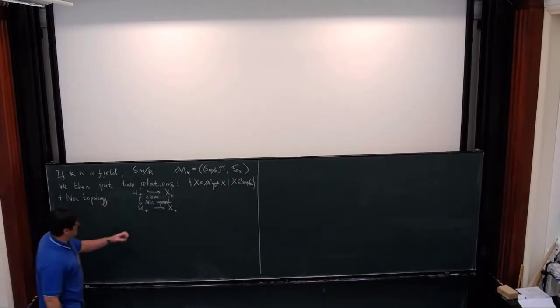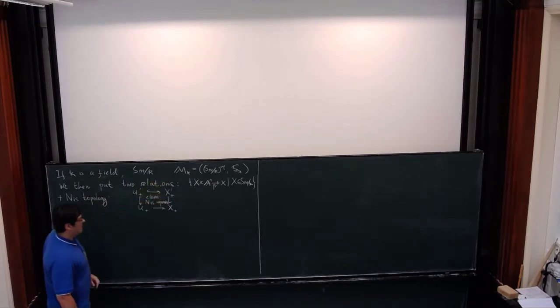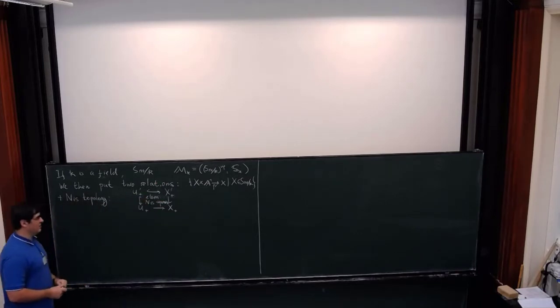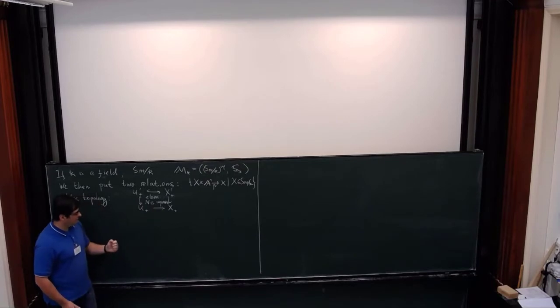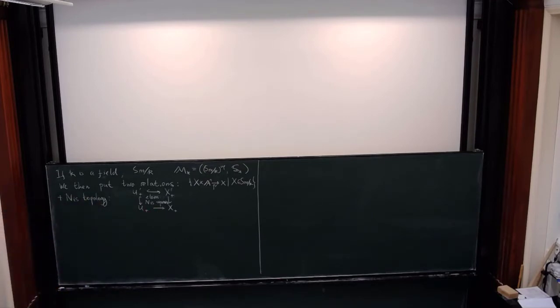Namely, this should be an open embedding, a map from X prime to X is an étale cover. This is a pullback such that on complements we have an isomorphism of closed subschemes with reduced structure.